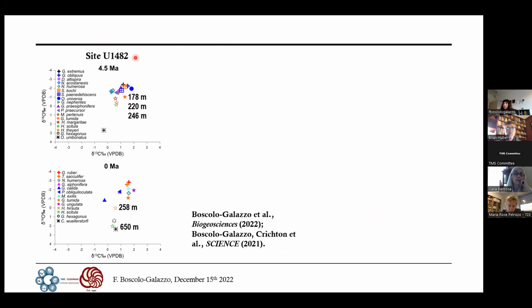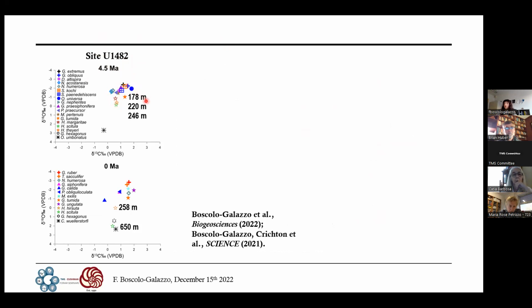This is again site U1482, southwestern tropical Pacific, 4.5 million years ago. We find Hirsutella margaritae, Hirsutella theyeri, and Hirsutella scitula. If we look at their oxygen isotope value, moving from margaritae to scitula, we see progressively more positive values.